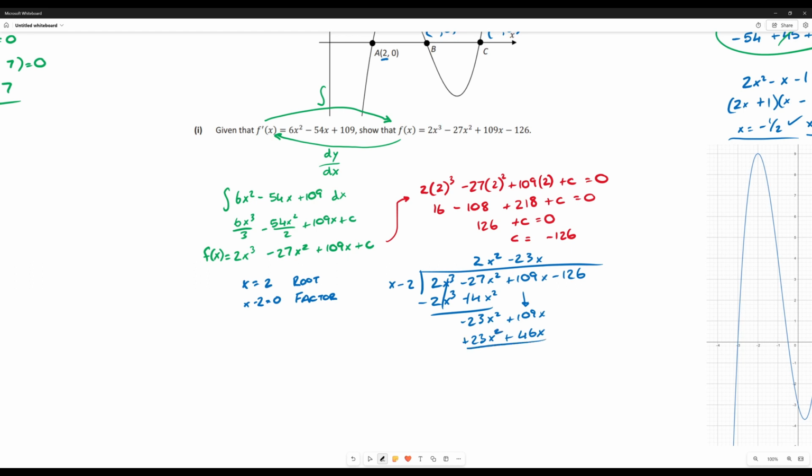Draw a line, change the signs. Getting that number wrong has thrown me ever so slightly. That would be 63x minus 126. This would be plus 63. Then that's going to be 63x minus 126, draw a line, change the signs, cancel, 0. Then we would take the quadratic at the very top again, the 2x squared minus 23x plus 63.